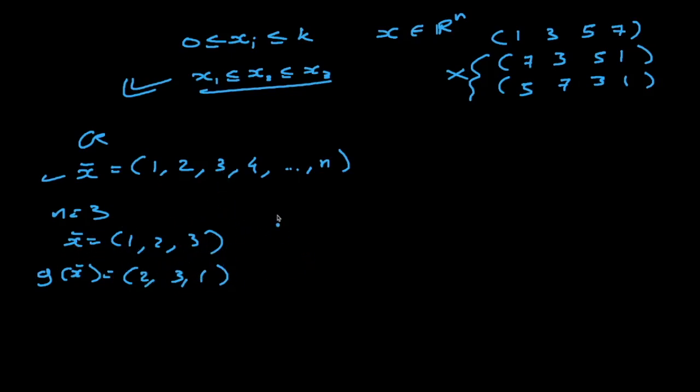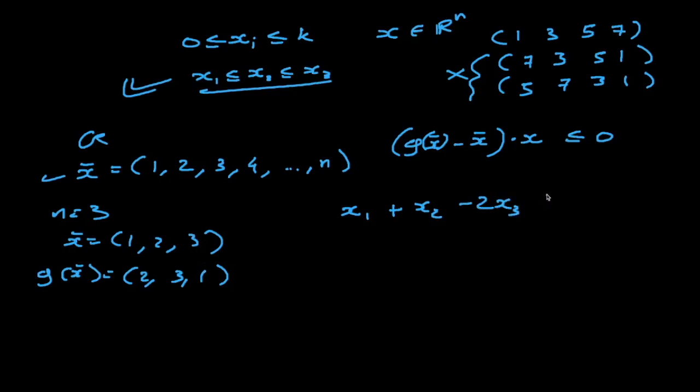What would my static inequality look like, which was basically g of x bar minus x bar, these were my coefficients of x, should be less than or equal to 0. So 2 minus 1 is 1, so the coefficient of x1 is 1. 3 minus 2 is 1, so the coefficient of x2 is 1. And 1 minus 3 is minus 2, so minus 2x3. This is less than or equal to 0.